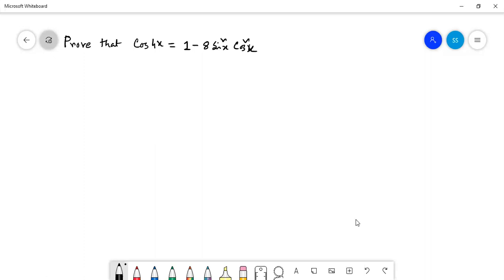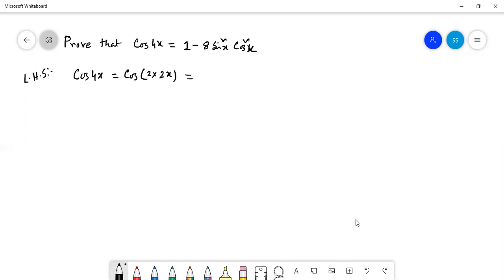We have to prove this: cos 4x equals 1 minus 8 sin square x cos square x. So we are starting from the left hand side. Cos 4x can be written as cos of 2 into 2x, then cos 2 theta.